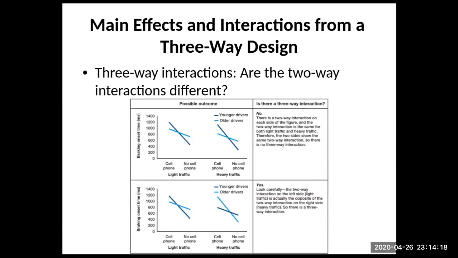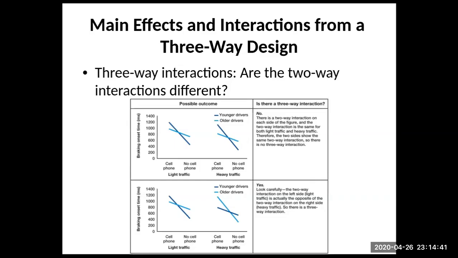Again, looking at the three-way interactions, we see a crossover interaction on the left and another crossover interaction on the right in light and heavy traffic. So because those two look like each other, there is no three-way interaction. The explanation: there is a two-way interaction on each side of the figure, but the two-way interaction is the same for both light and heavy traffic.